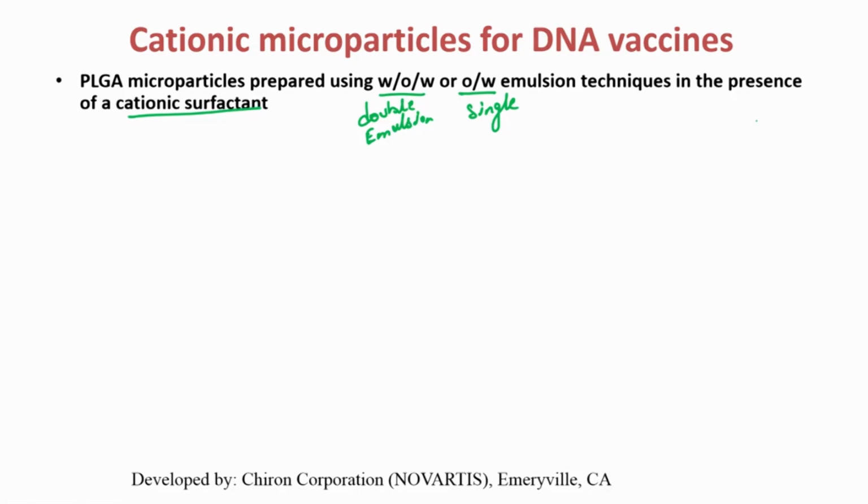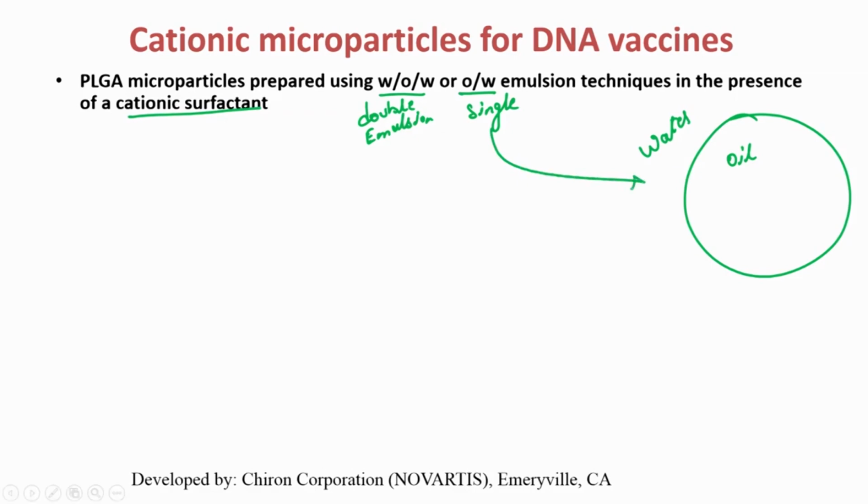So what will that do? If let us say this was a droplet, oil in water, and you have surfactants here, what you will find is the surfactant, since it is amphiphilic, is going to line up at that interface.